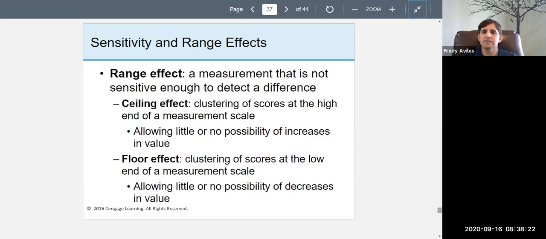So you can have different range effects. You can have what's called a ceiling effect, where all the scores are at the high end of the measurement scale. It's like when you give people a psychology test and it was too easy, and everybody scored in the 90s.